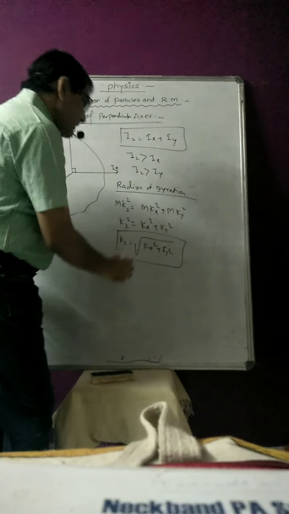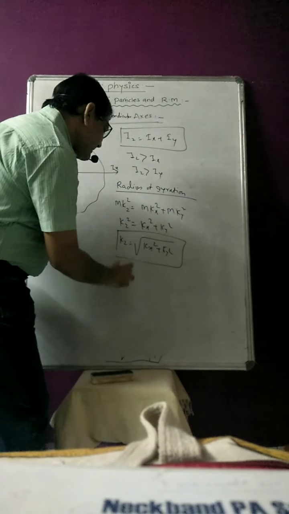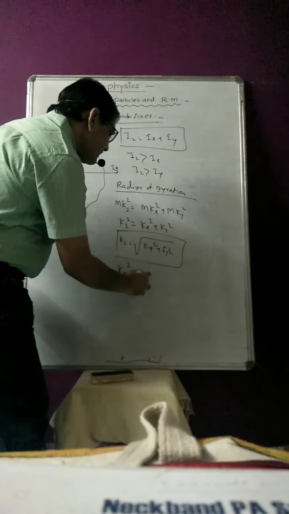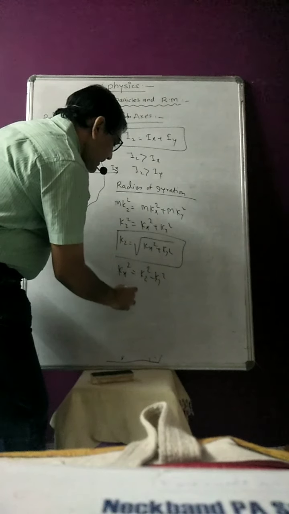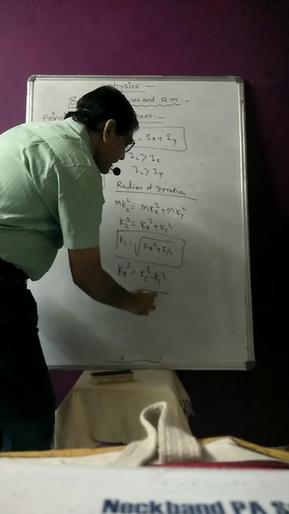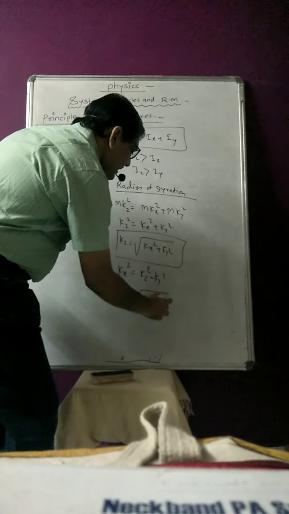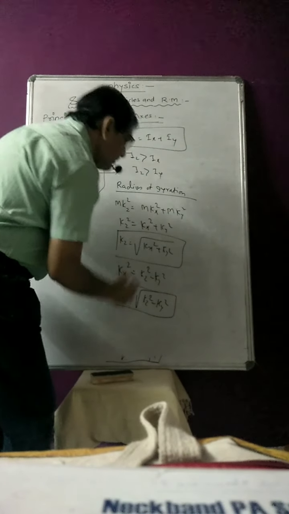If I want to find out the radius of gyration about the x axis, kx square can be written as kz square minus ky square, or kx is equal to under root of kz square minus ky square. So this is the another formula.